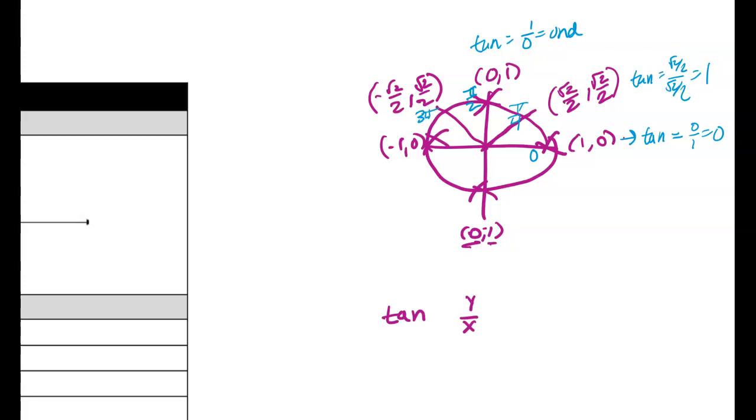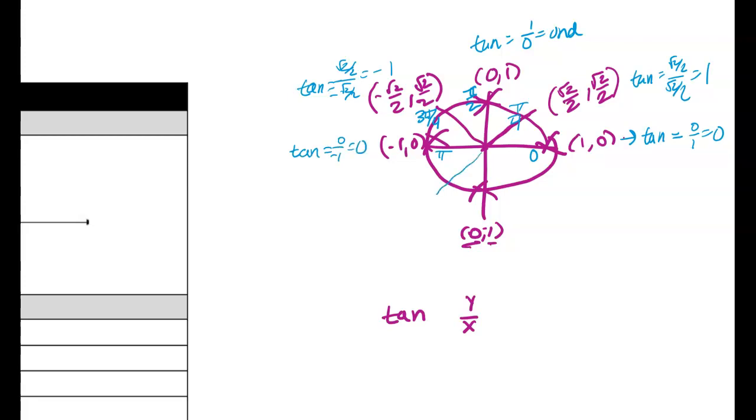And then here at 3 pi over 4, our tangent would be equal to rad 2 over 2 divided by negative rad 2 over 2, which will be negative 1. And then here at 180 or pi, our tangent will be equal to 0 divided by negative 1, which is 0 again.